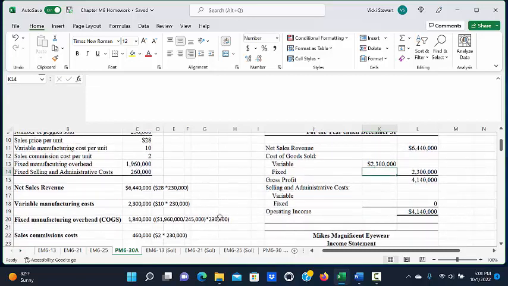The fixed cost of goods sold would be equal to the total manufacturing overhead of $1,960,000 divided by the total number of units that were produced, 245,000, and then multiplied by the number of units sold, 230,000, or $1,840,000. Adding those together, we get cost of goods sold of $4,140,000.